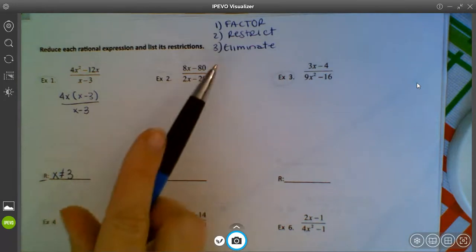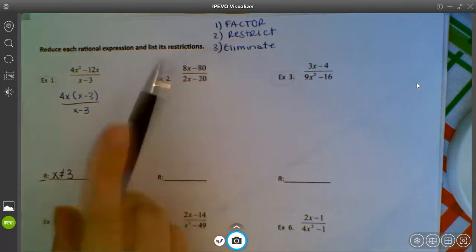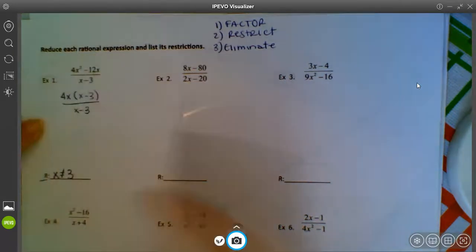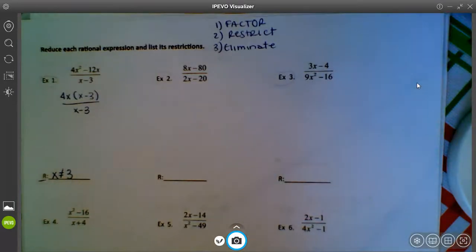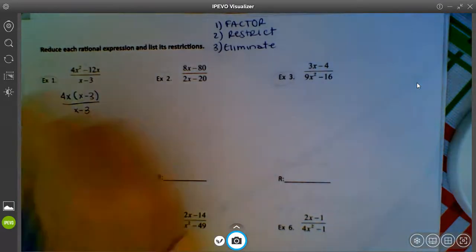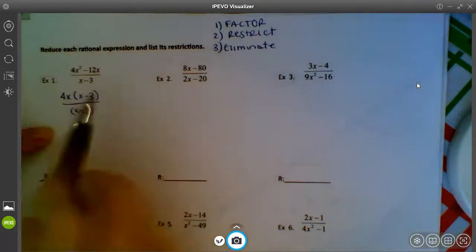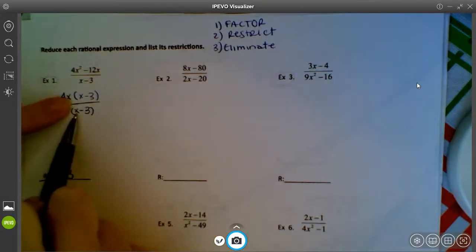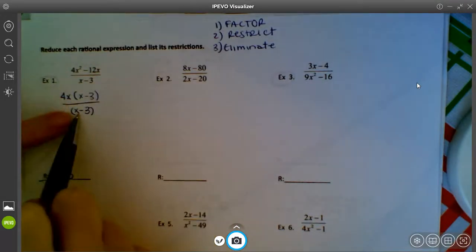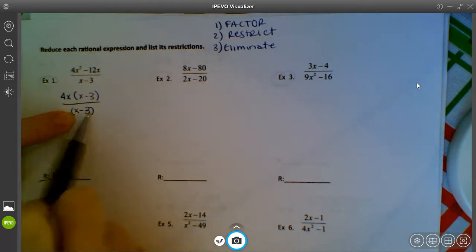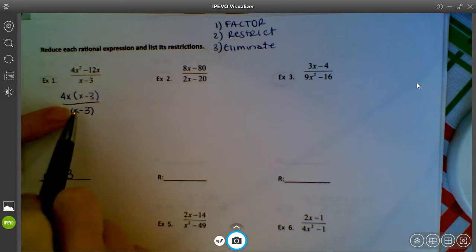Now we're going to eliminate. Because we're simplifying, we're reducing, we're just going to eliminate the things that are the same. So this x and this x can't be canceled because this x is married to 3 by a minus sign. So that means I need to find exactly x minus 3 to cross out.